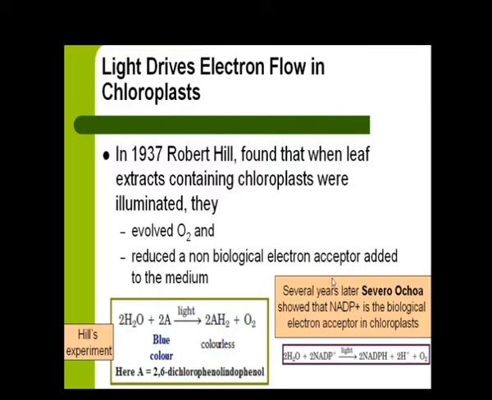In the products, the radioactivity was coming from oxygen, not from the sugar which was produced. What does this mean? That the oxygen which is evolved comes from water, not from carbon dioxide. The splitting of water, what we call now.